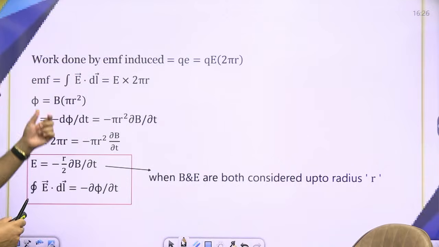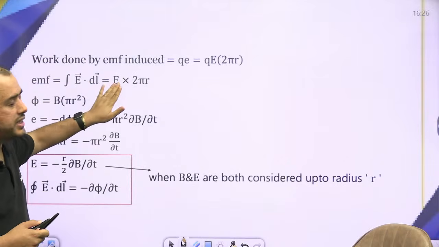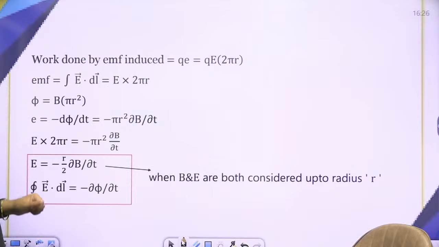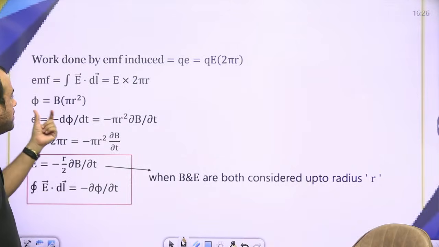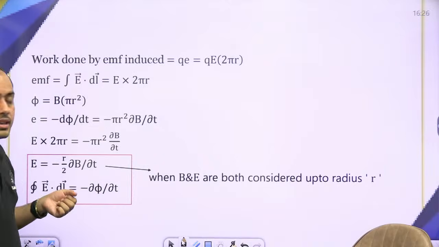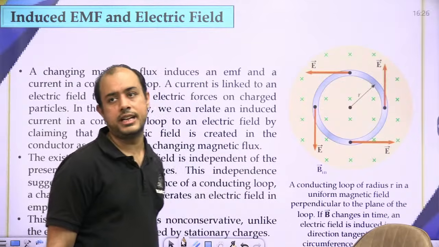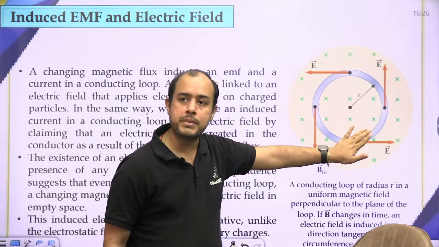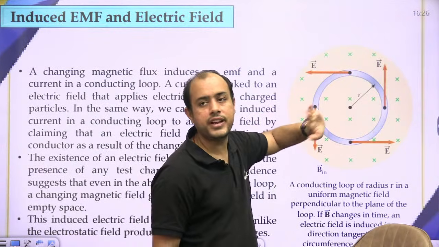तो देखिए भाई, EMF will be integration E dot dl. So E into 2 pi r because length of the loop is 2 pi r. Now flux is B into pi r square. EMF is minus d phi by dt. So now I am saying this magnetic field is varying with time. The area of the loop is constant. इस लूप में से जाने वाले फ्लक्स के लिए B इंटू एरिया कर रहा हूं, एरिया फिक्स है.